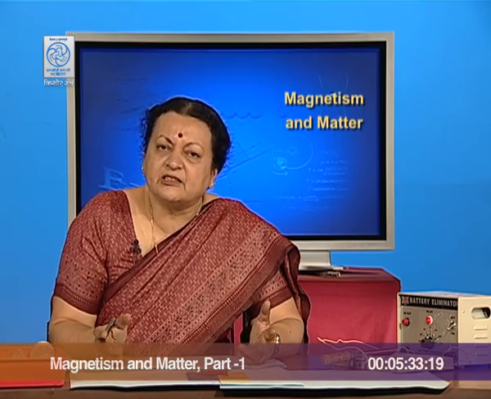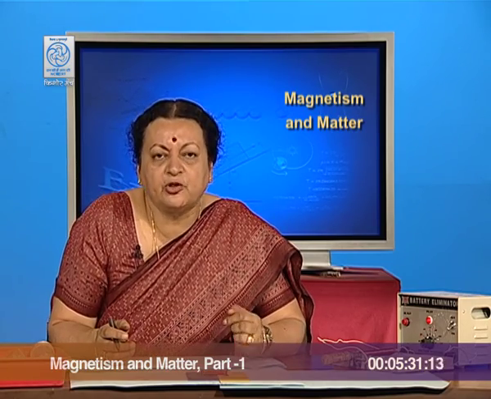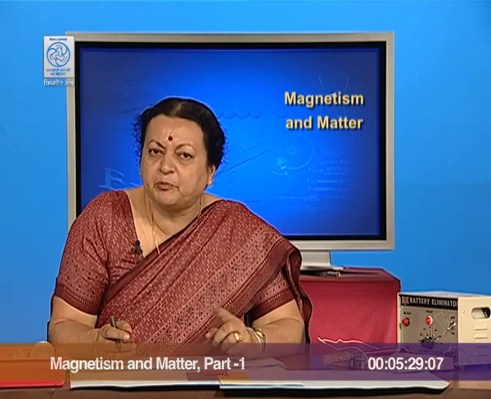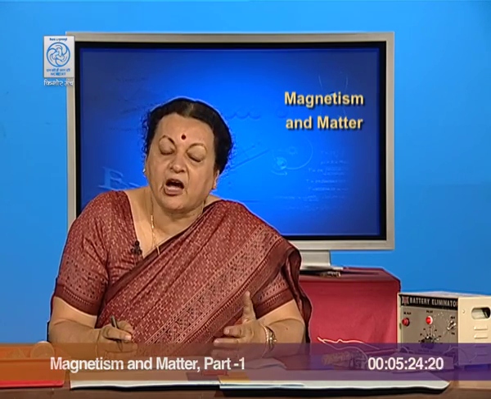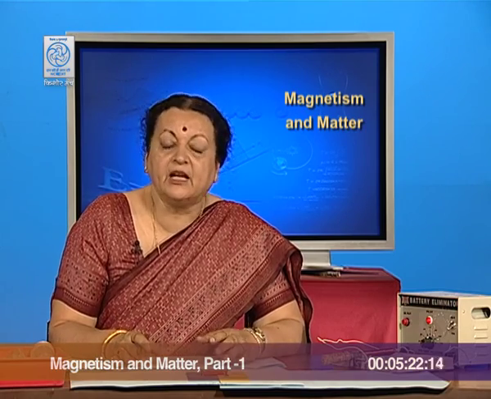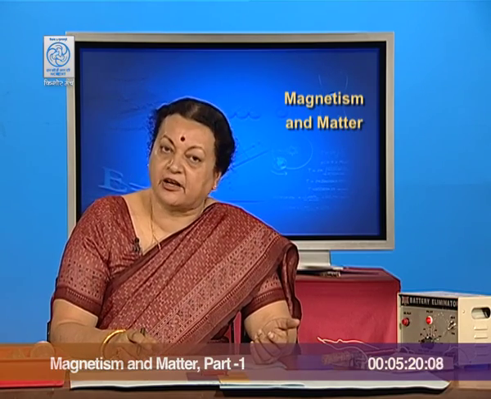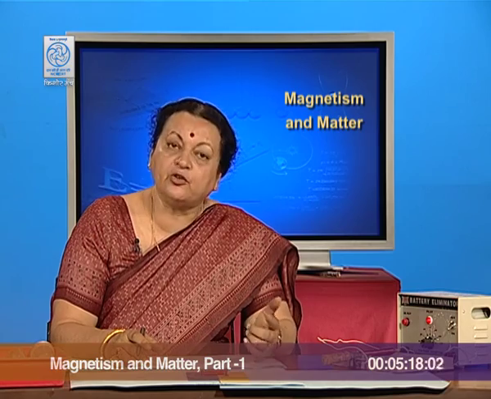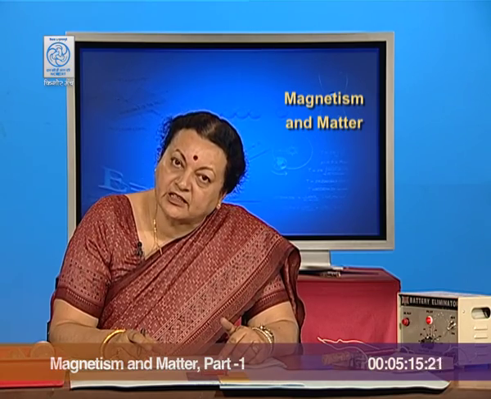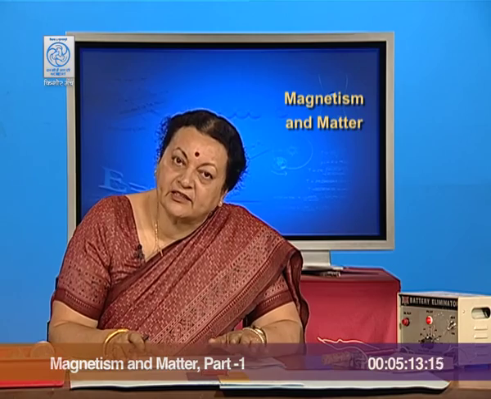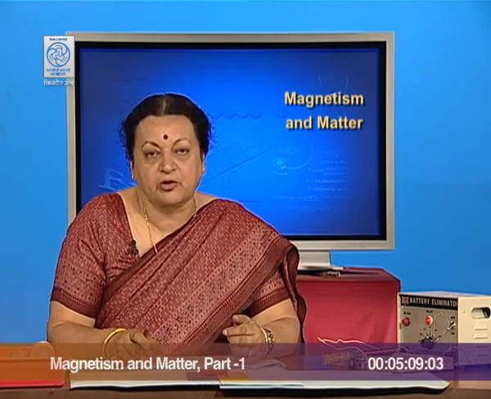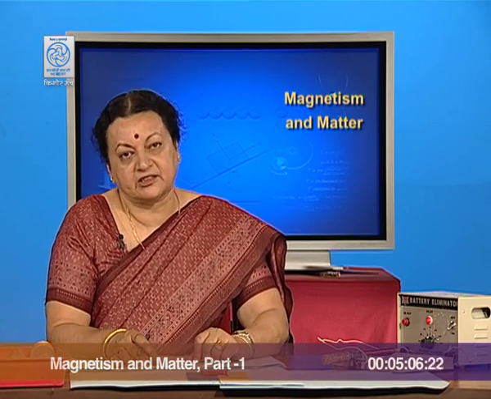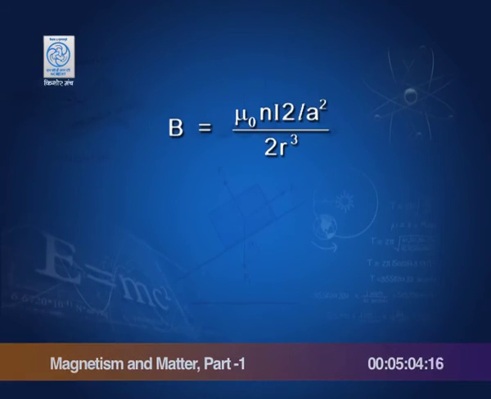Some of the books and some people still argue that you should be talking about pole strength, but pole strength is no longer an option to talk about, because we are now going to be talking only in terms of magnetic current loops, electric current loops and their associated magnetic dipoles. Therefore, all magnets are going to be treated as though made up of a large number of current loops, as we have just done. We can approximate this formula, and how is that?